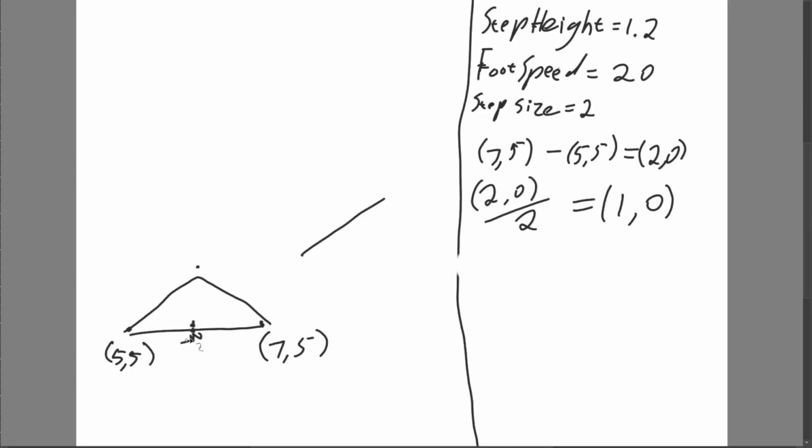We have our middle point here, but we also need to go up. Now we can take this vector to get a vector for your step height. You can take the vector for up. In this case, it'll be simple because we have a 0 x component.